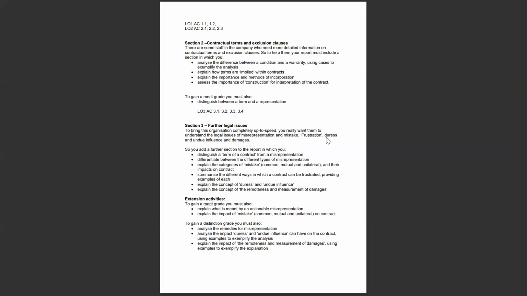You must analyse the impact duress and undue influence can have on a contract, using the case examples that we went through to exemplify the analysis. You must also explain the impact of remoteness and measurement of damages using examples to exemplify the explanation.